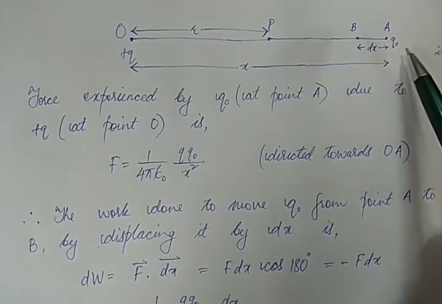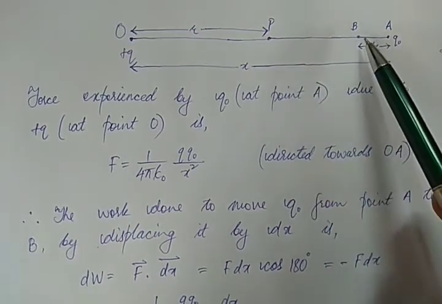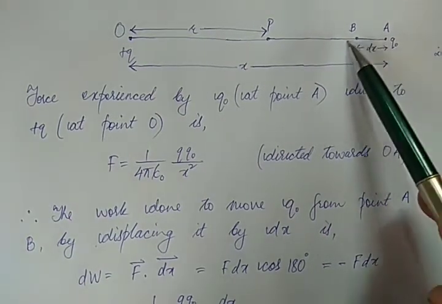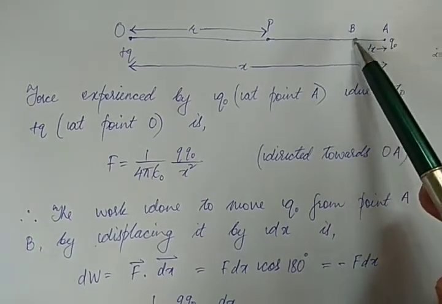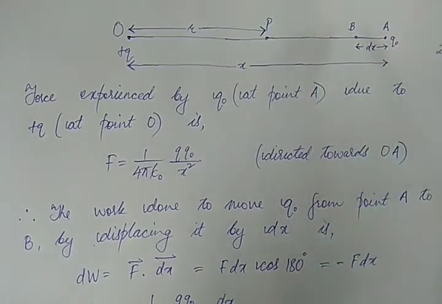To bring q naught from infinity to point P, we have to displace q naught by a lot of dx's like this. So small dx here, small dx here, small dx here, small dx over here.